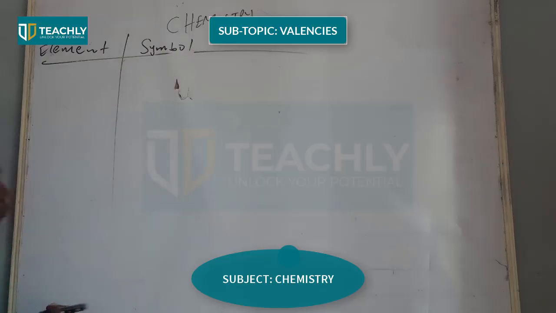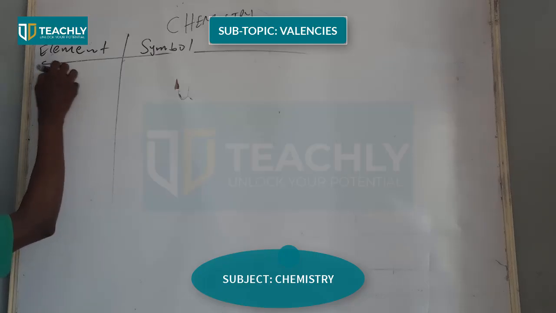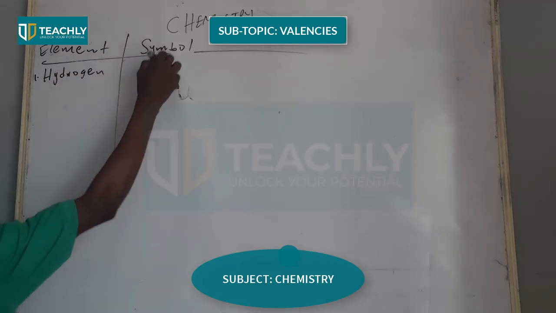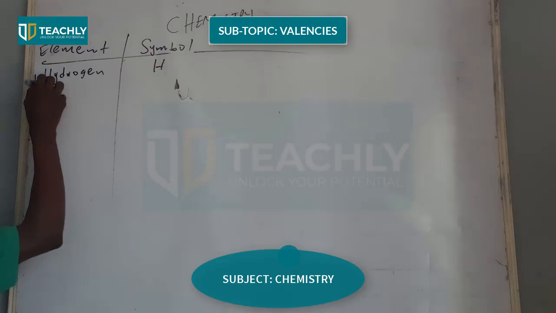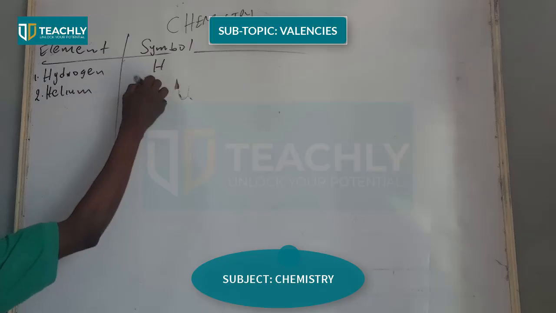I first start from hydrogen, which happens to be the first element in the periodic table. 1, hydrogen, the symbol is H. 2, helium, He.